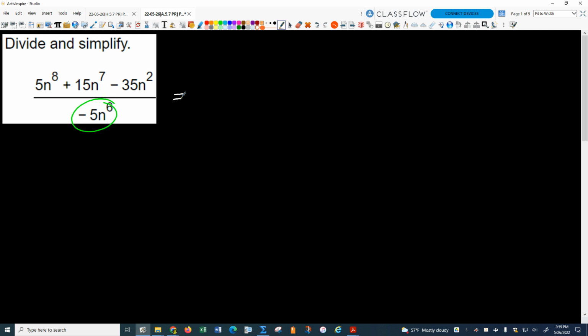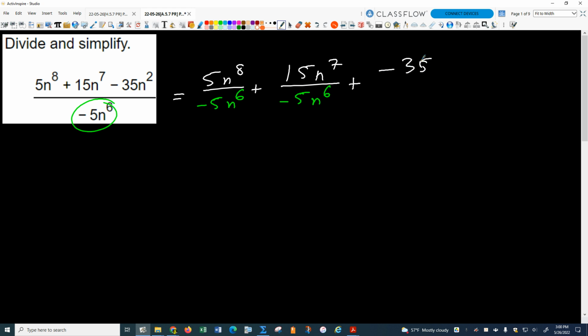So this would just equal 5n to the 8th divided by negative 5 n to the 6th plus 15 n to the 7th divided by negative 5 n to the 6th plus negative 35 n squared divided by negative 5 n to the 6th. And I would just simplify each one of those.